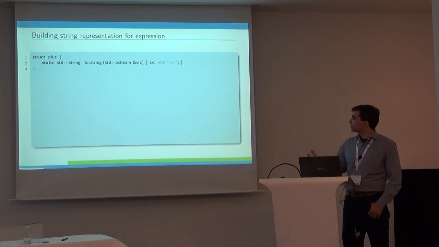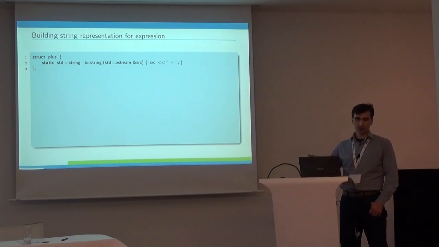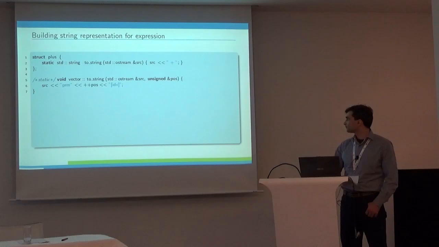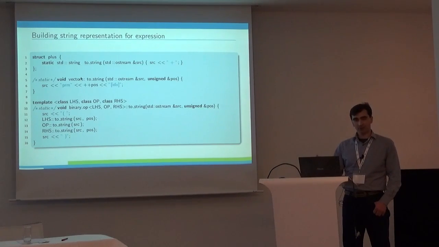And if we want to build a string representation of the expression to put inside this loop inside the kernel, we just change our plus struct slightly. Now we have a toString member that just returns a string containing a plus that we want to put into the source code. And then again, each terminal knows what to put into the expression string, into the representation of the global expression that we are building.